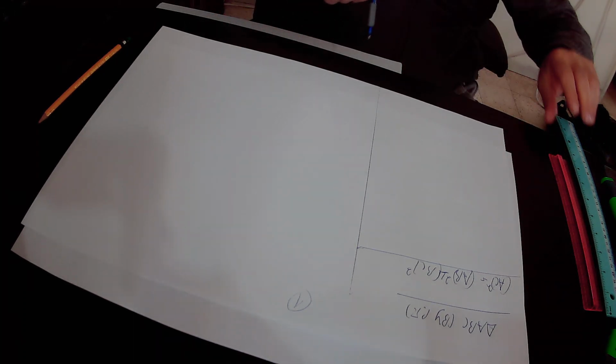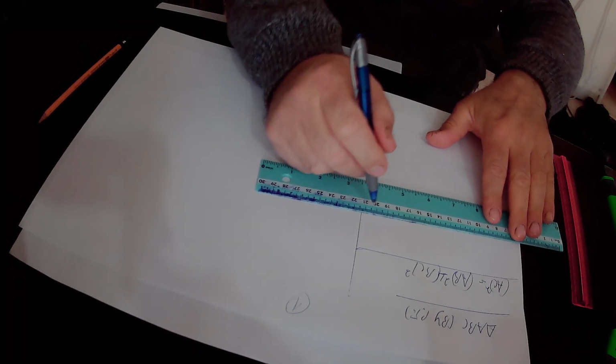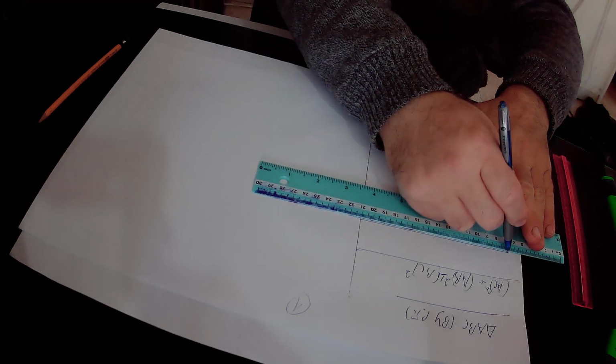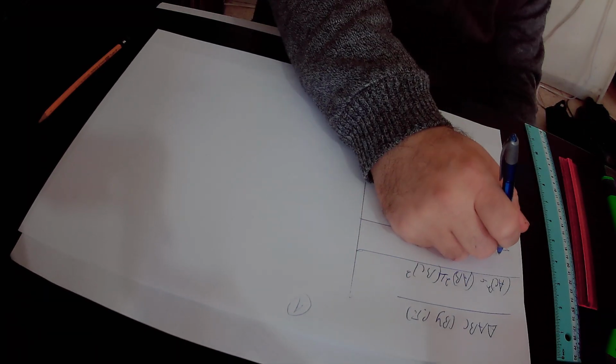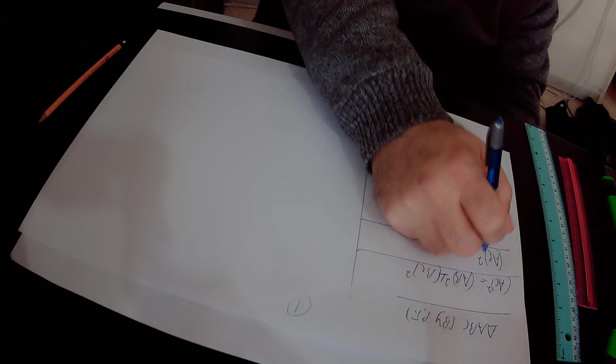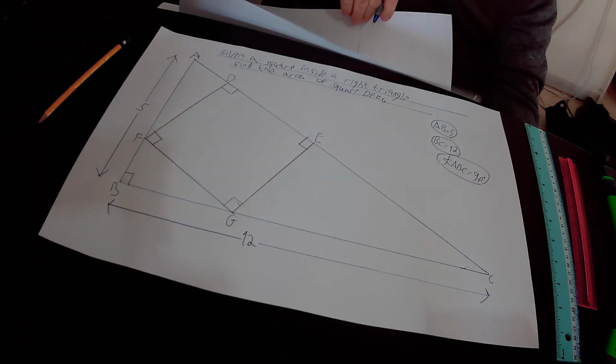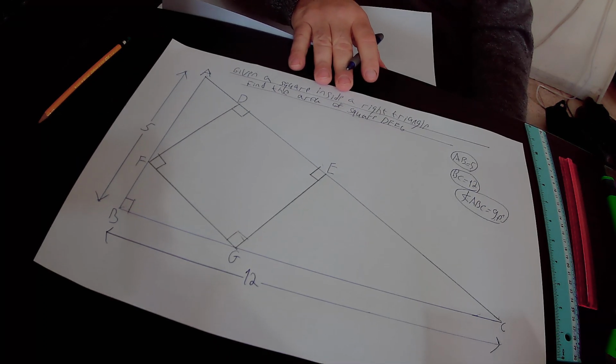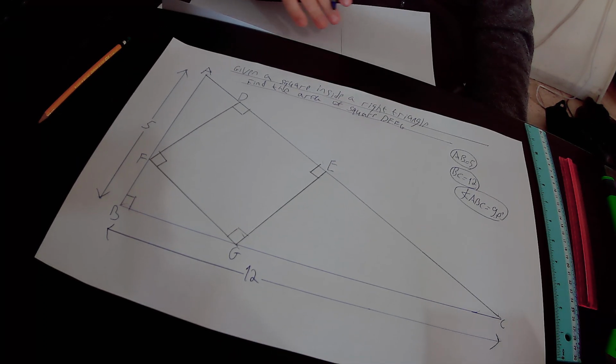So AC square, the square of the hypotenuse, equals AB square. AB is 5, therefore AB square is 5 squared, that is 25.